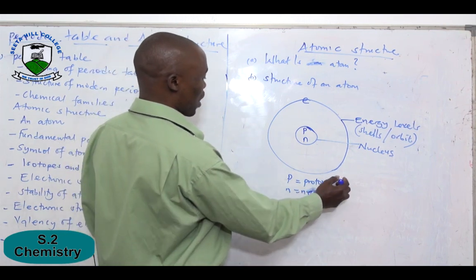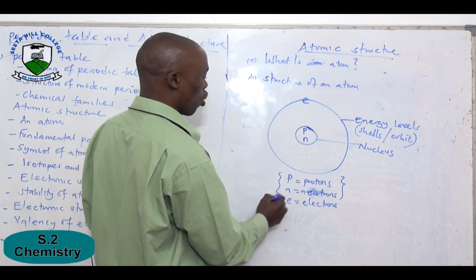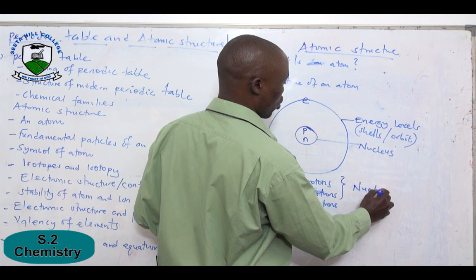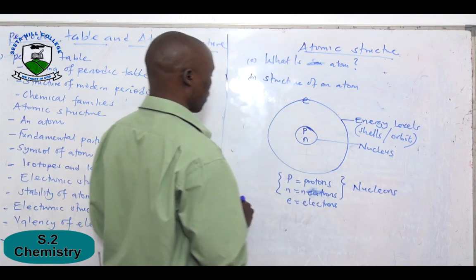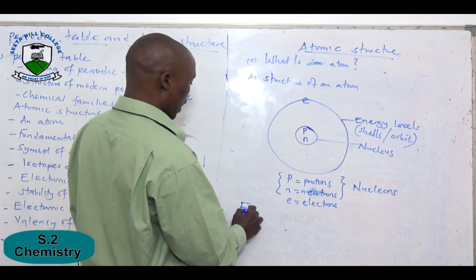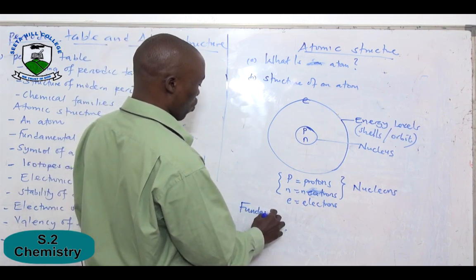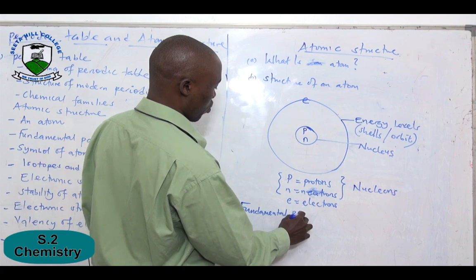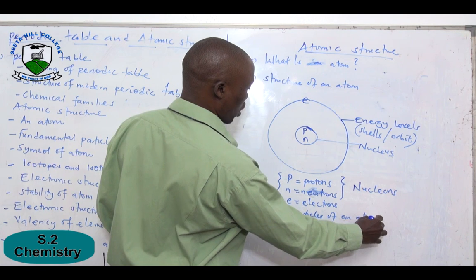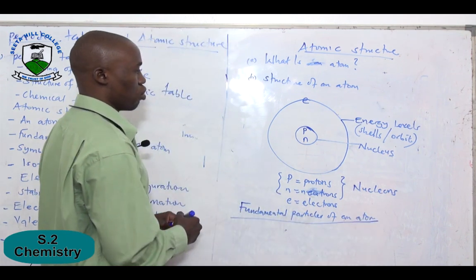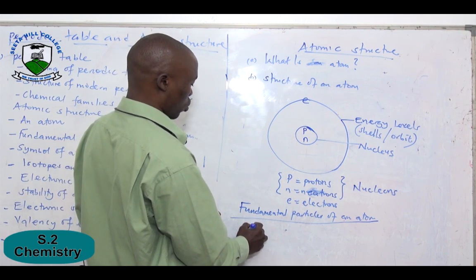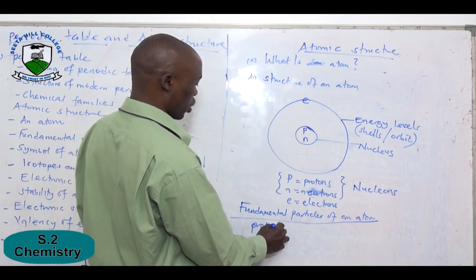Now these two that appear in the nucleus are called nucleons. They have a basic name, nucleons. See? Okay. That throws us to fundamental particles of an atom. Fundamental particles of an atom. Now we see that the atom has three key particles, which we call protons.